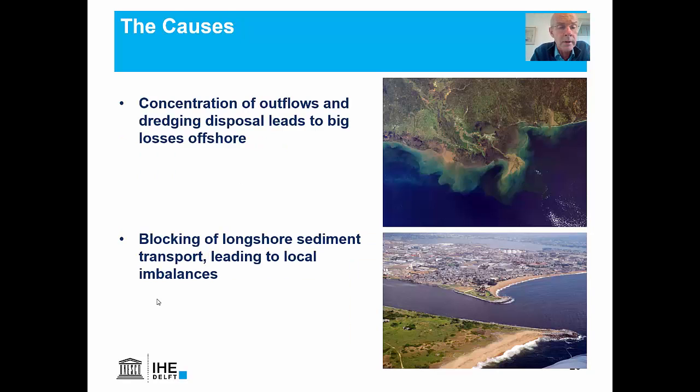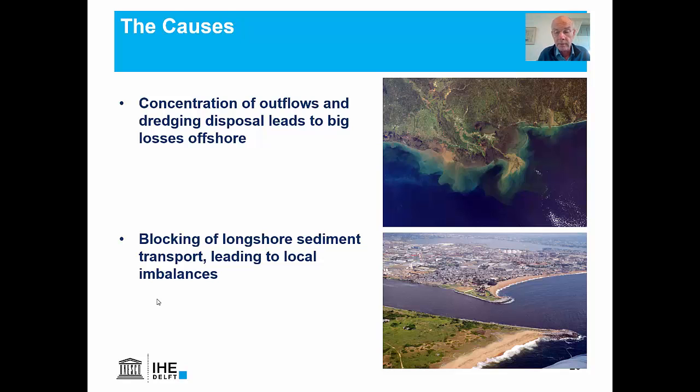And then on top of that, we concentrate the big rivers in such a way that they don't disperse their sediment naturally anymore, but they blow all the sand and the mud to deeper water. So it is not feeding the nearshore deltas anymore.